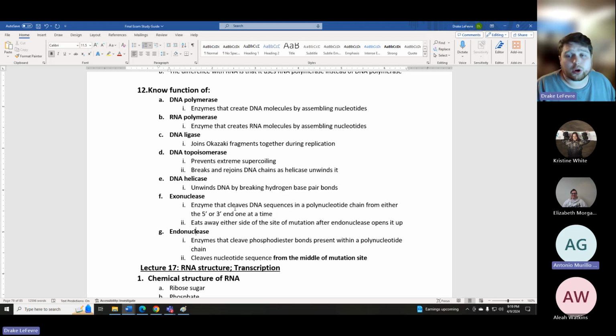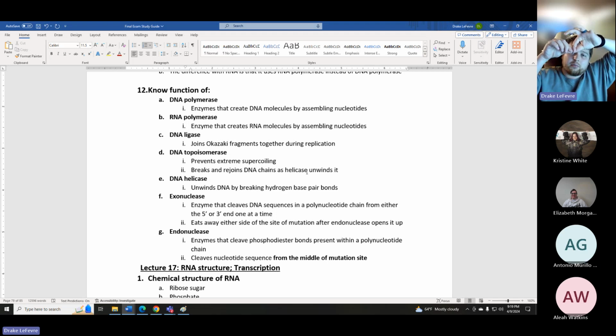That's called supercoiling. To prevent that, we have DNA topoisomerase. As our helicase pulls and breaks it apart, this topoisomerase is down here where that intense coiling is happening.